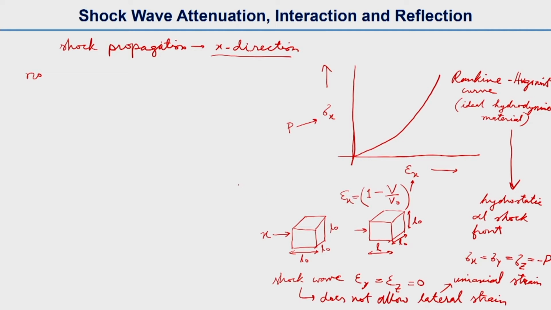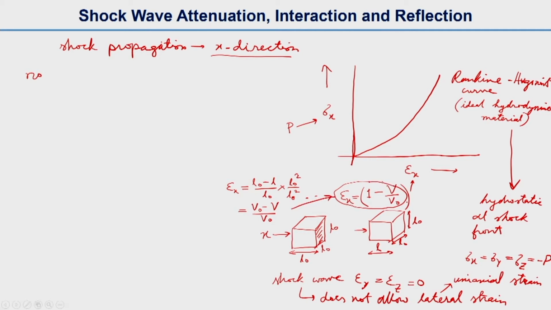From this we can calculate epsilon x, which is equal to L naught minus L divided by L naught. If we multiply by the area, L naught square by L naught square, that gives V naught minus V, the volume, divided by V naught, which is nothing but this one. So this is the same.